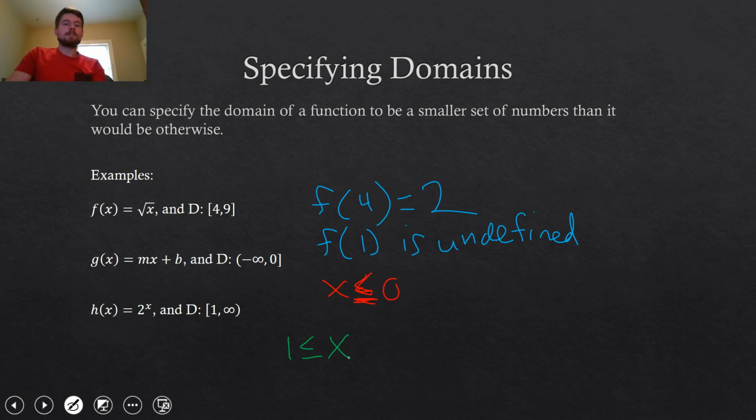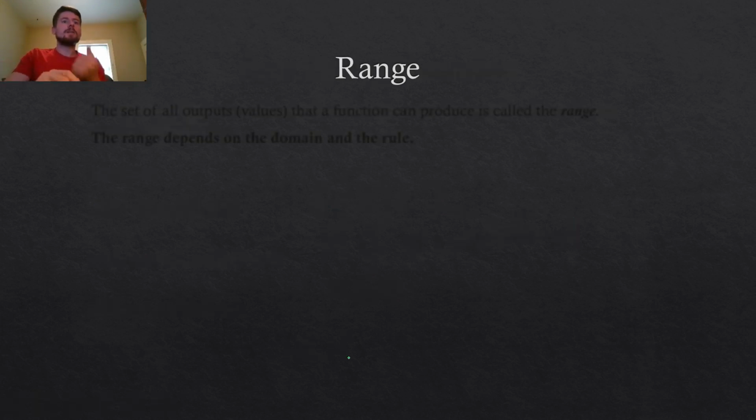Okay, so we've talked about the rule or relation, and which kinds of relations are functions and which aren't. We've talked about the domain, which is all the things that you can plug into the function. We've also talked about how you can make the domain smaller by specifying what you want for your domain.